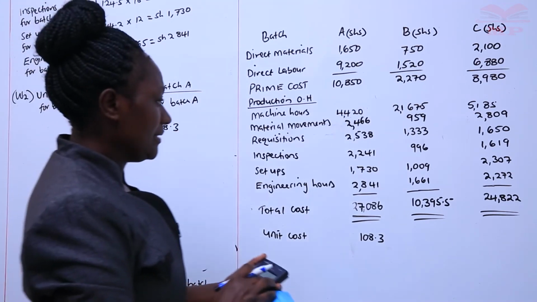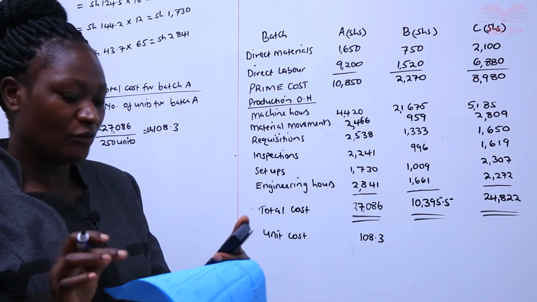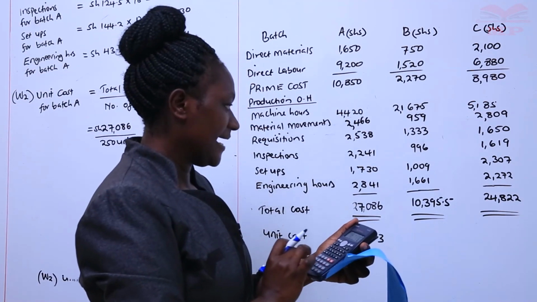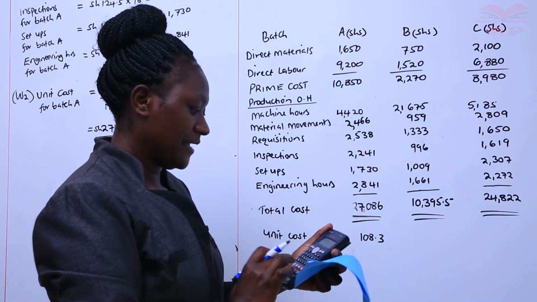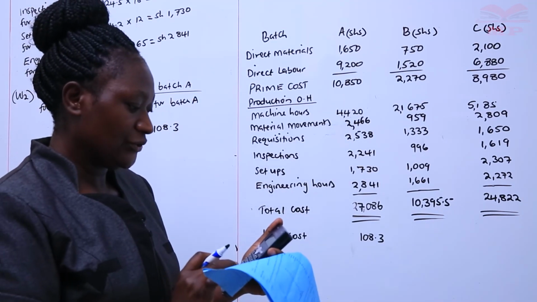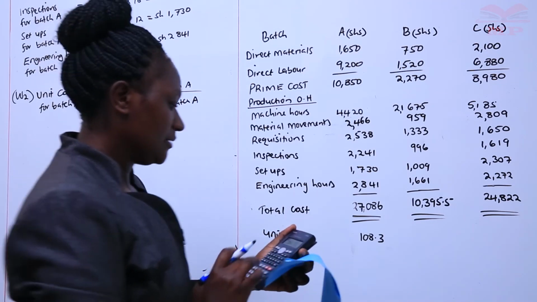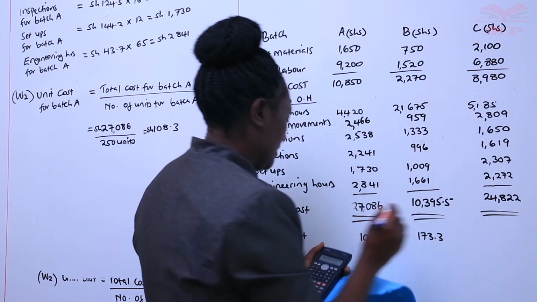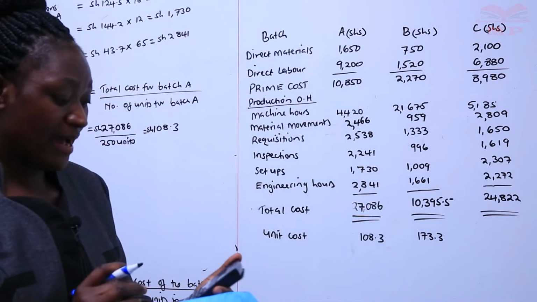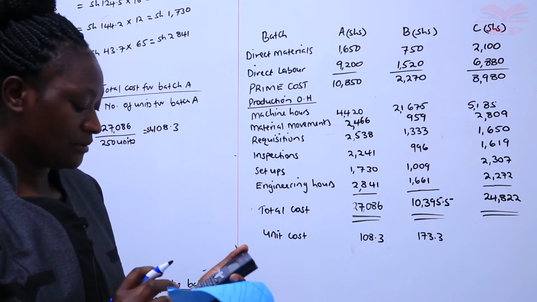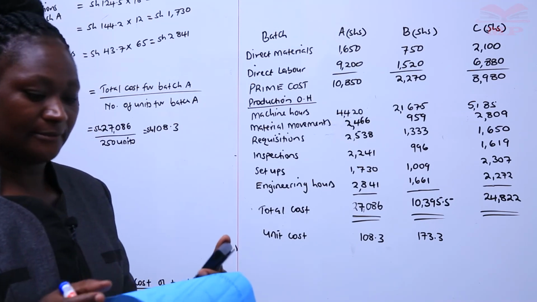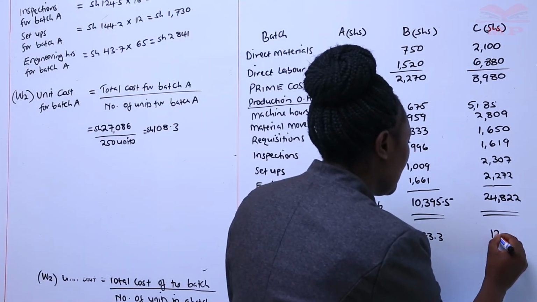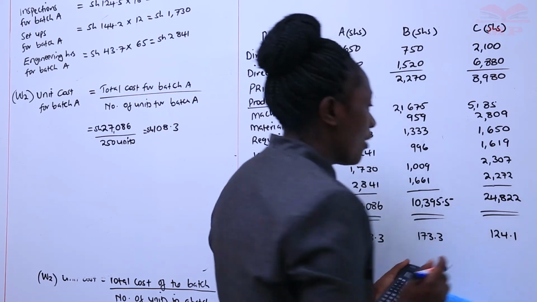We do the same for batch B. For batch B, the number of units given in the question was 60. We take 10,395.5 divided by 60 units, and this will give us 173.3. For batch C, we take 24,822 divided by the number of units, which were 200, and this will give us 124.1.